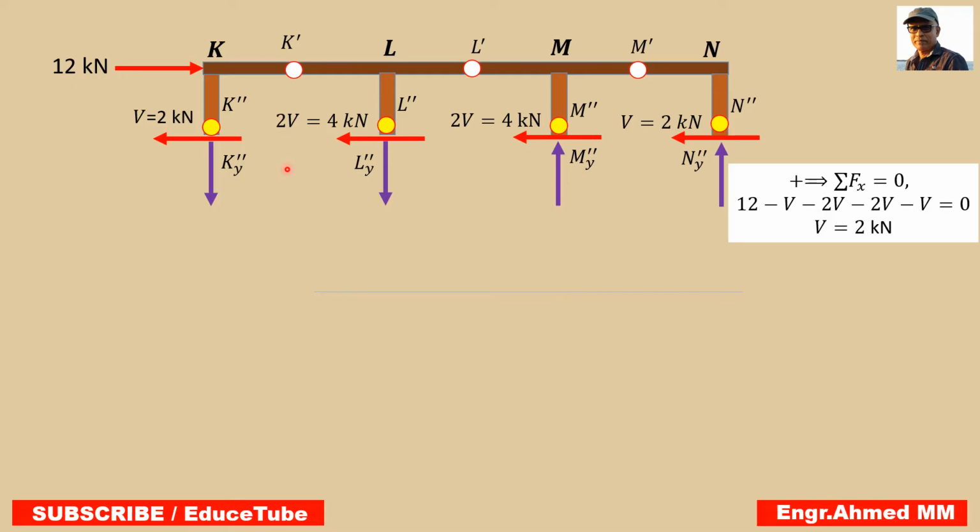Here the third assumption regarding column shear applies. How? If we take summation of horizontal forces equal to 0, then surely we can write 12 minus V minus 2V minus 2V minus V equal to 0.